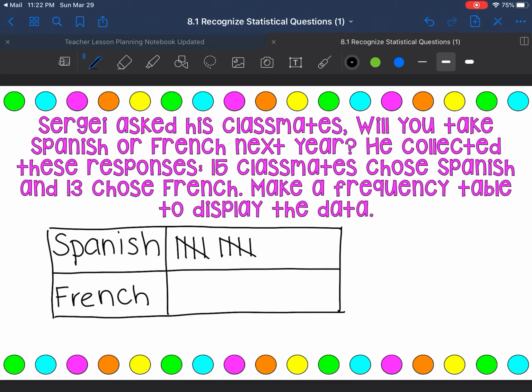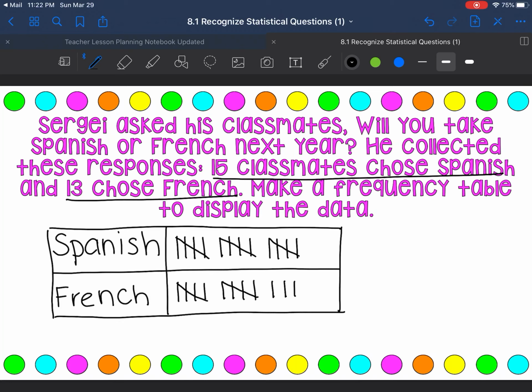When you get to 4, that's when you do your diagonal. 1, 2, 3, 4, 5. So that's my 15 Spanish, and now 13 chose French. So let me graph my 13. 1, 2, 3, 4, 5, 6, 7, 8, 9, 10, 11, 12, 13. And there it is, a frequency table.